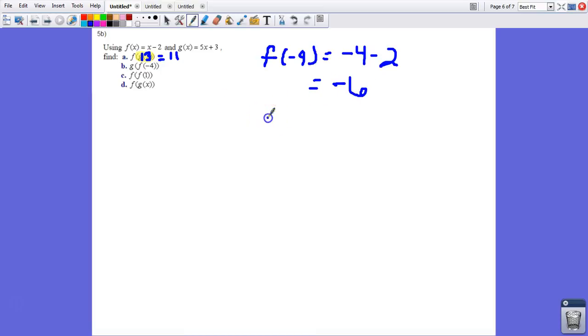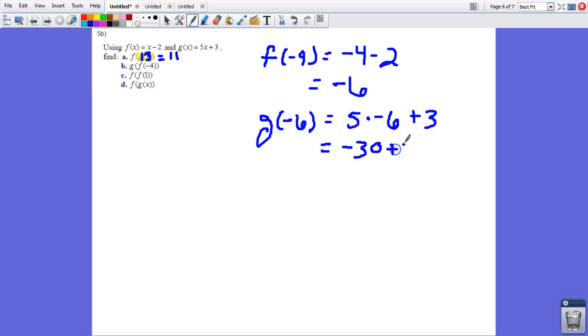Now I want to find g of negative 6. So instead of 5 times x, I do 5 times negative 6 plus 3. Order of operations gives me negative 30 plus 3, negative 27.